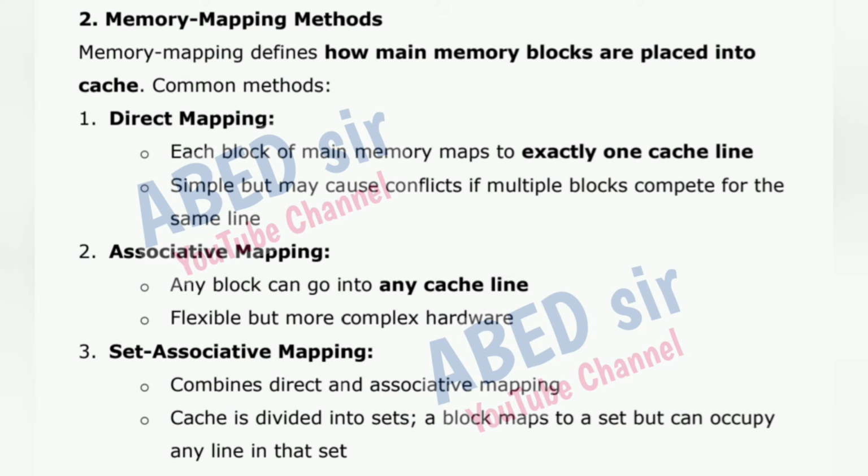Associative mapping. Any block can go into any cache line. Flexible but more complex hardware. 3. Set associative mapping. Combines direct and associative mapping. Cache is divided into sets. A block maps to a set but can occupy any line in that set.